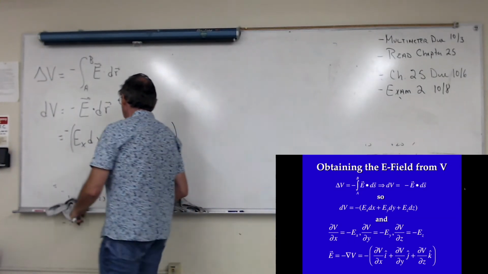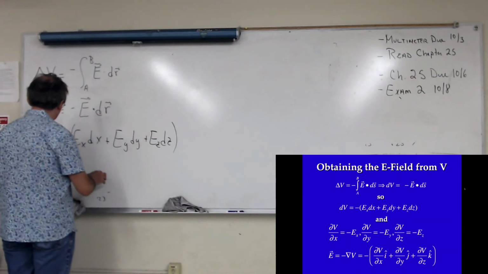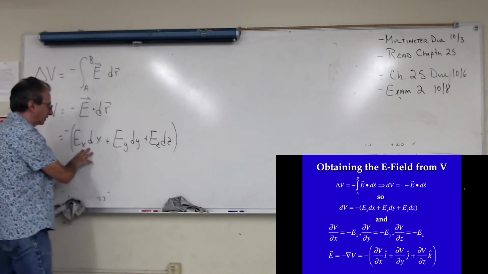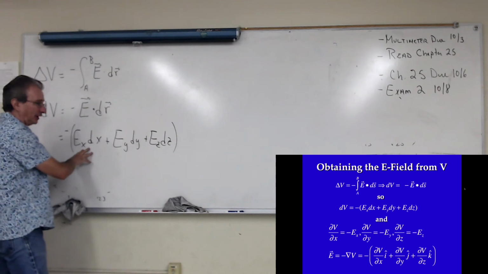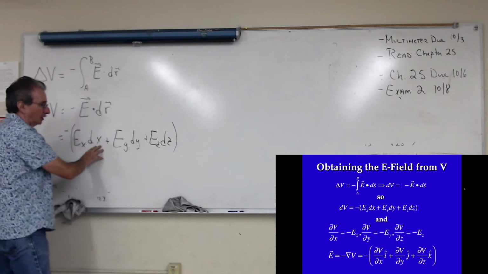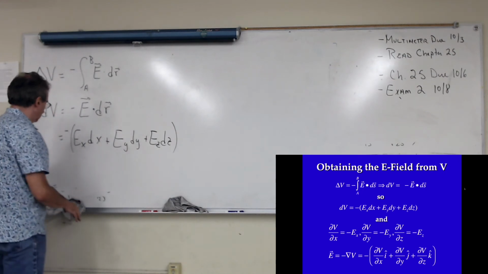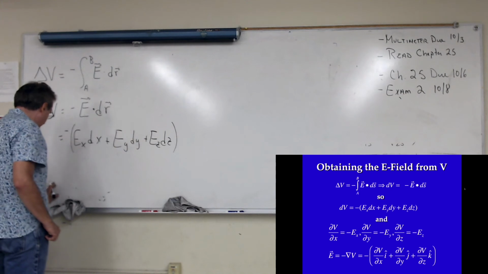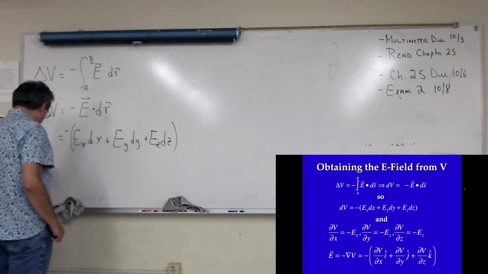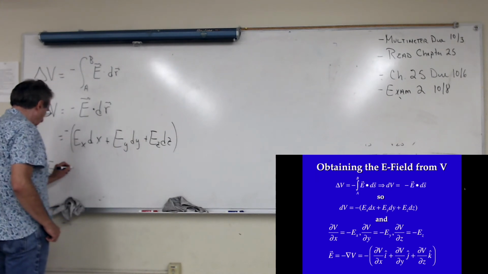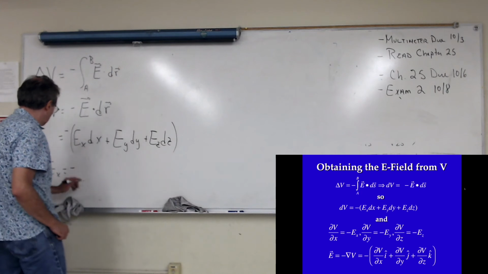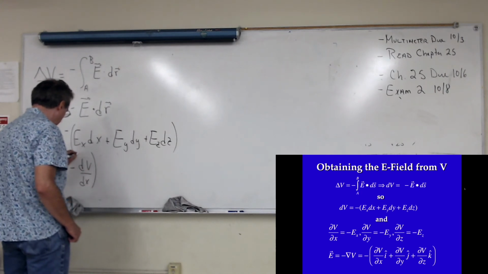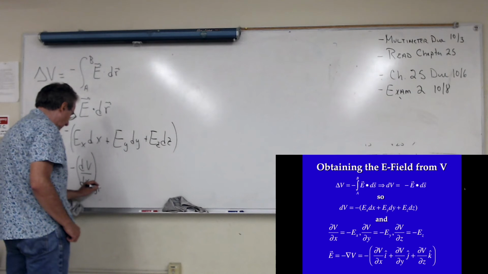And if I just look at the x component of the electric field, I take the derivative of V with respect to x, holding y and z constant. So E sub x is minus dV over dx, holding y and z constant.